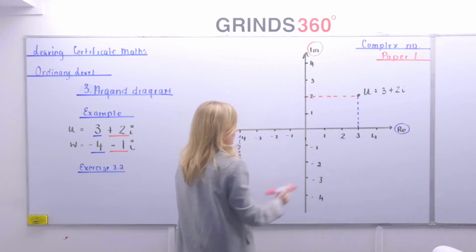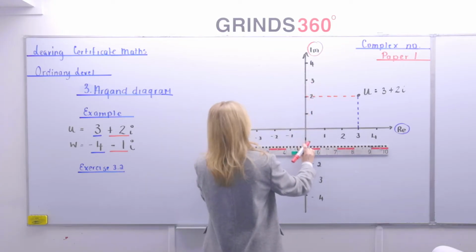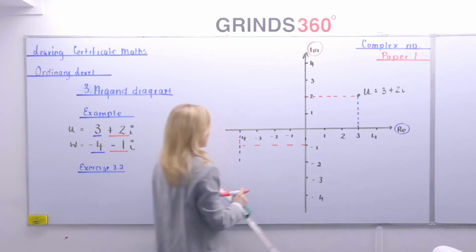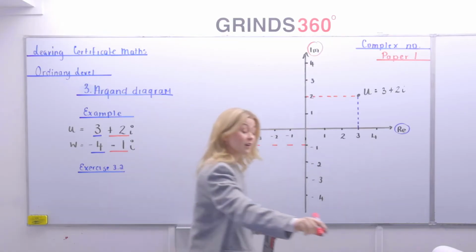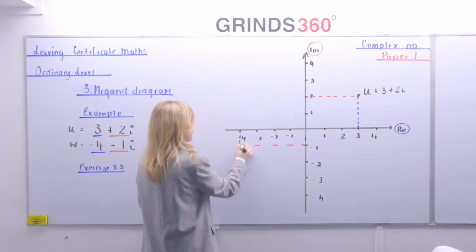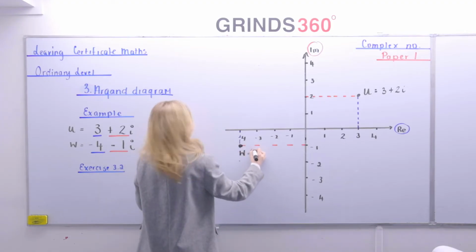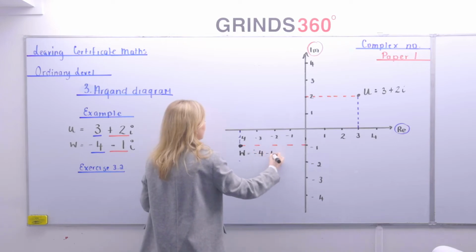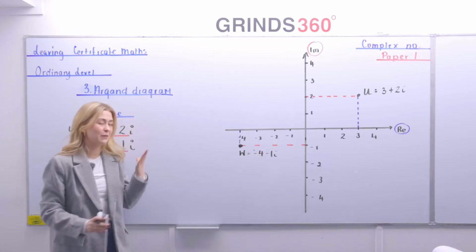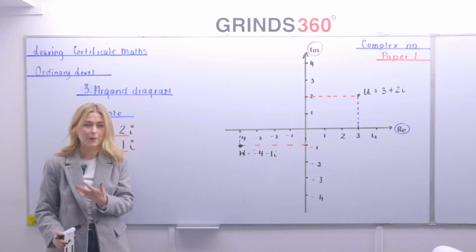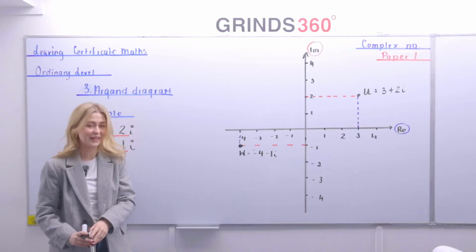Here's my imaginary, here's minus 1. So everything along here is my imaginary. So again, we check where those 2 lines meet. And this point is the coordinate w. And w is minus 4 minus 1i. Now, a little reminder that you do not leave those lines there. Those lines are just for the purposes of the question that we're looking at.